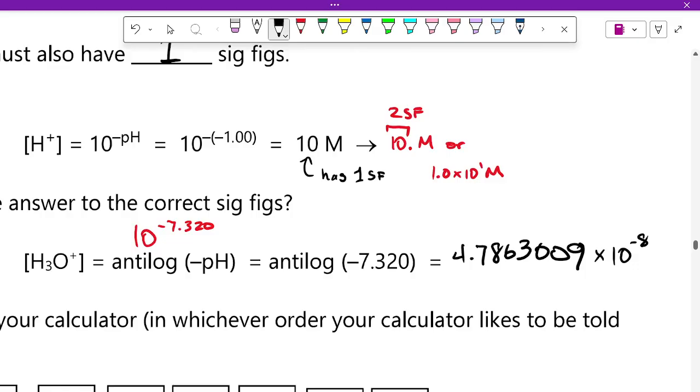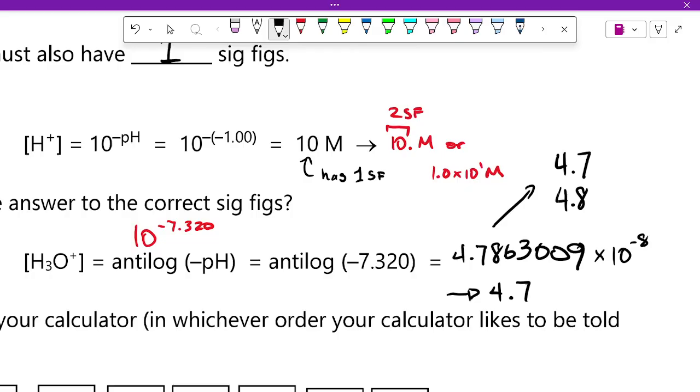What should that be? 4.9? What? 4.7? 4.8? Hold on. 4.7? 4.8?